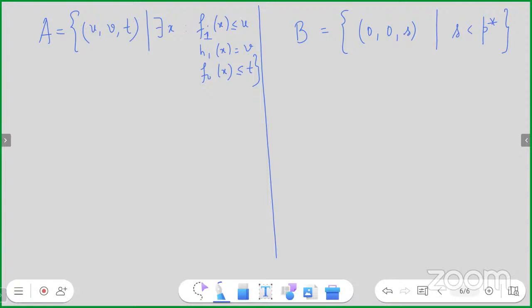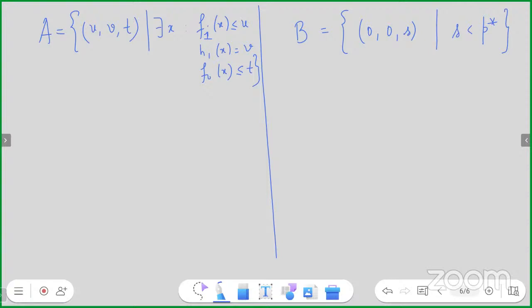Is it possible to have a common element between A and B? No. Very good.